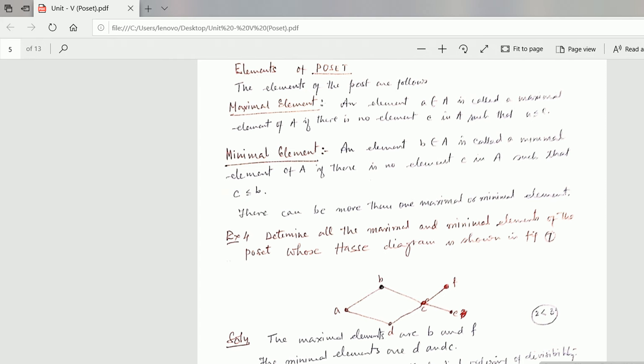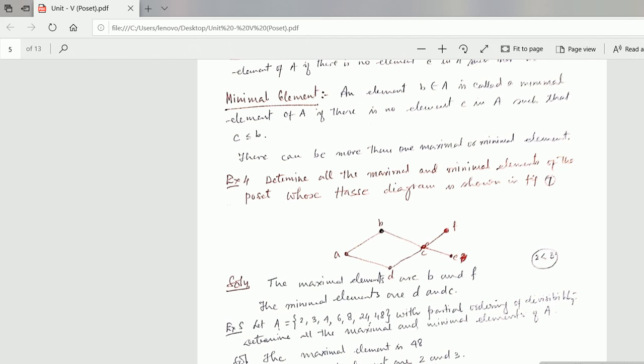An element B belonging to A is called a minimal element of A if there is no element C in A such that C is less than or equal to B. There can be more than one maximal element or minimal element.